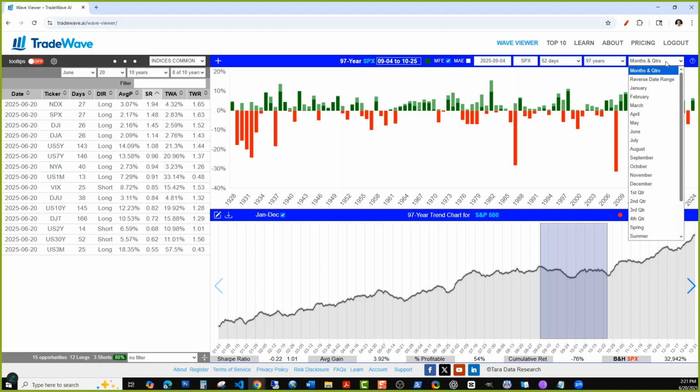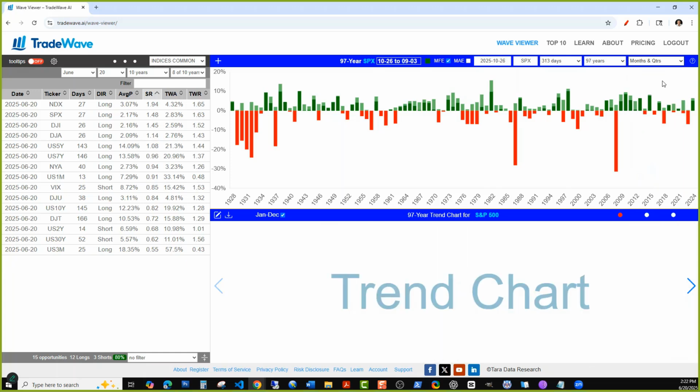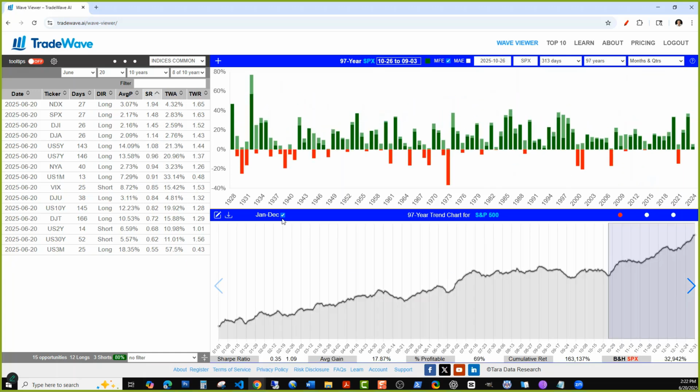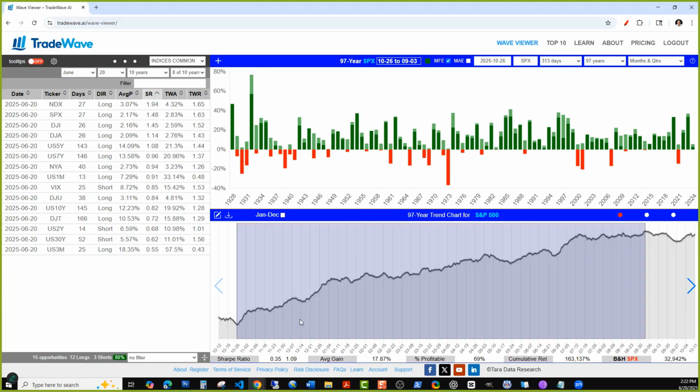There's another feature here called reverse date range, which means what would this look like if we were in the market the whole year except the currently selected date range. When I select this, we can look down and compare what happened to the cumulative return.